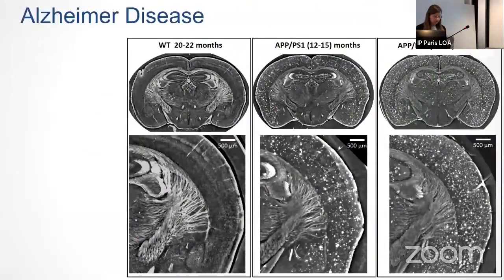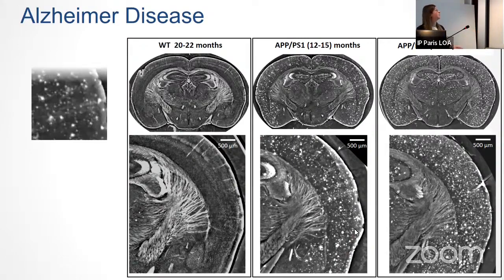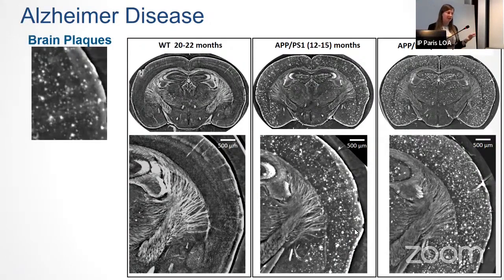These are some images from the experiment. On the left, you see the healthy mouse. In the middle, you see the 12 month old mouse. And on the right, you see the last time point, the very old mouse. Our analysis will focus on the brain plaques that you see here as bright dots, which are agglomerates of protein that form due to the progression of Alzheimer's disease.